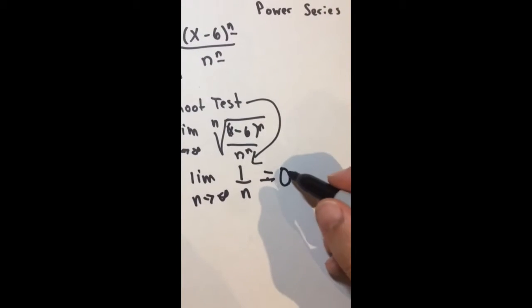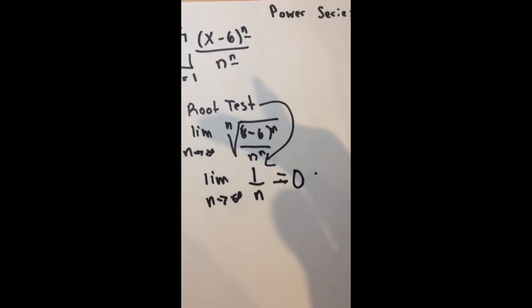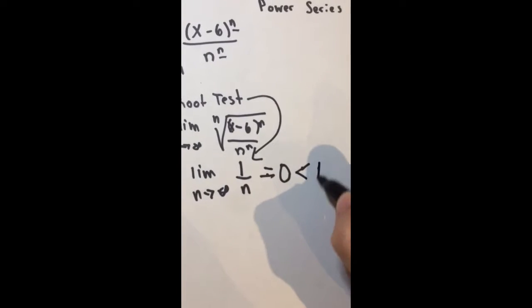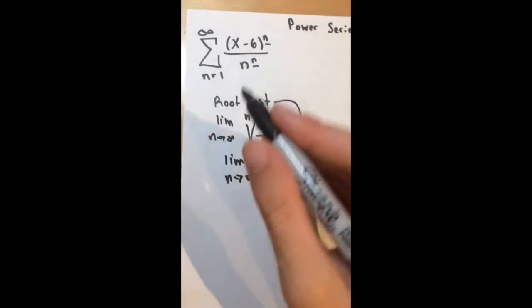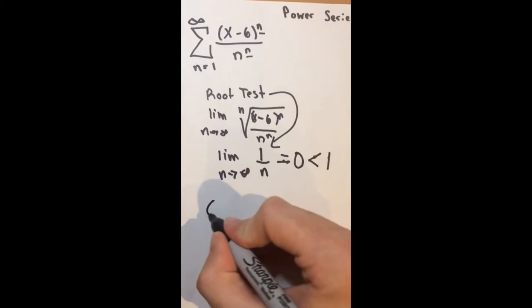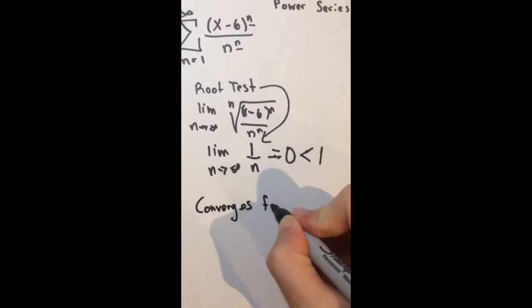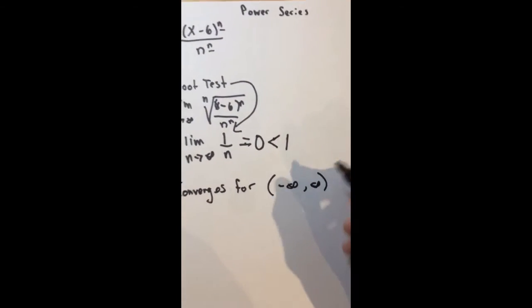So what does that mean? 0 in our root test is less than 1, and if it's less than 1, it converges. This series converges for all reals.